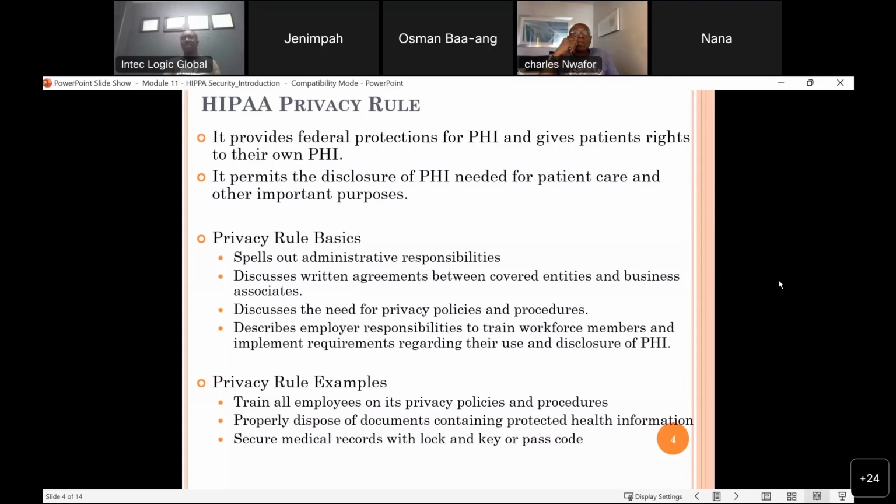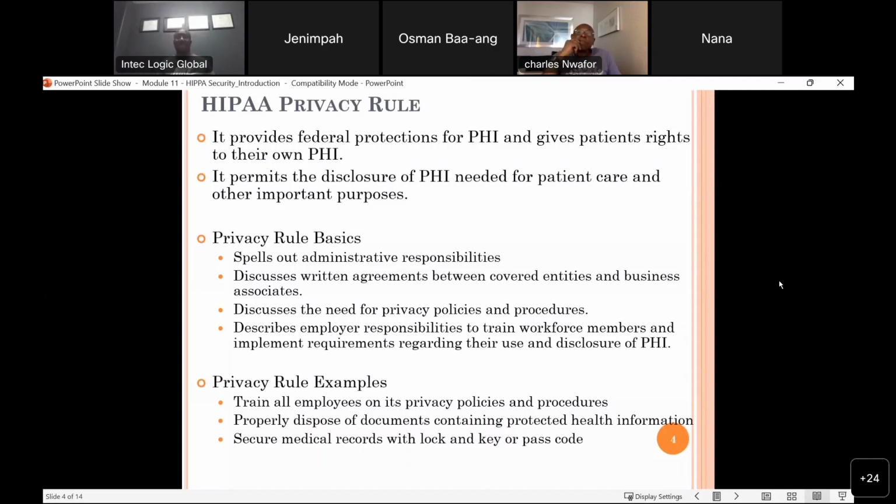And sometimes for the federal government, the FBI or whatever, the security agencies, they have to go through proper authorization processes before that information is released. So the privacy rule spells out administrative responsibilities, and discusses written agreements between covered entities and business associates.